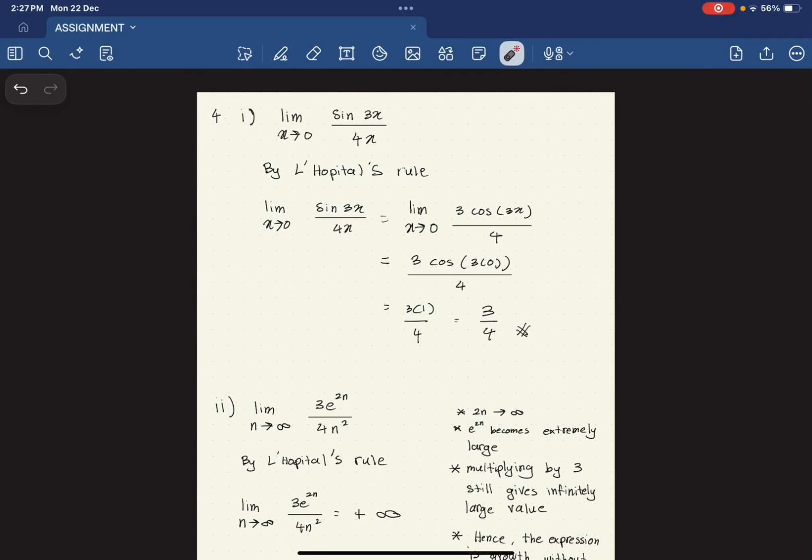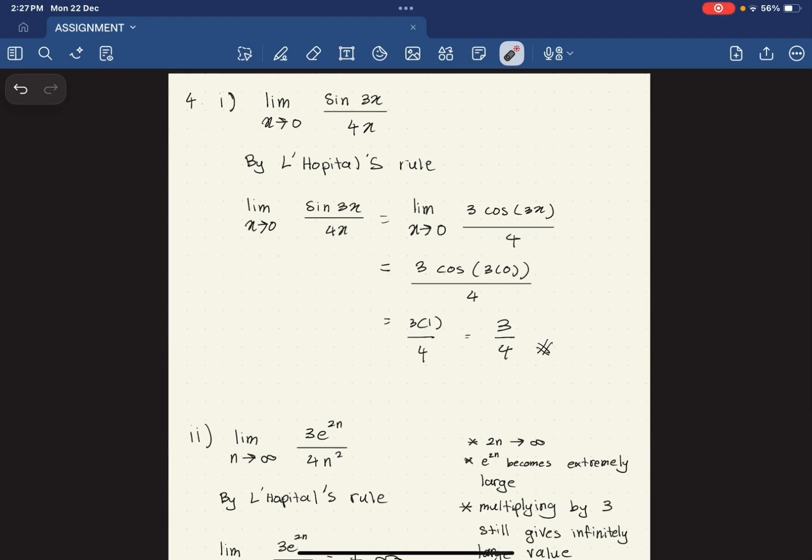We move to question number 4, which is for 4.1 and 4.2. So the question is show that the limit as x approaches 0 of sine 3x over 4x, by using L'Hopital's rule. What is L'Hopital's rule? L'Hopital's rule is a method in calculus used to evaluate limits that give an indeterminate form.